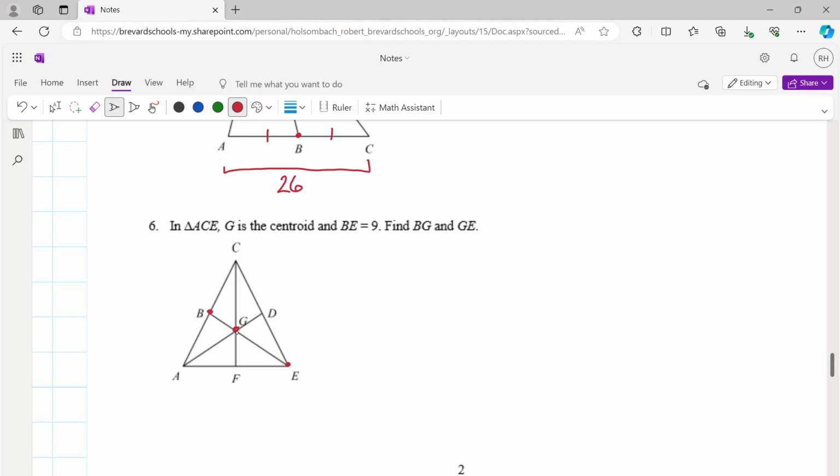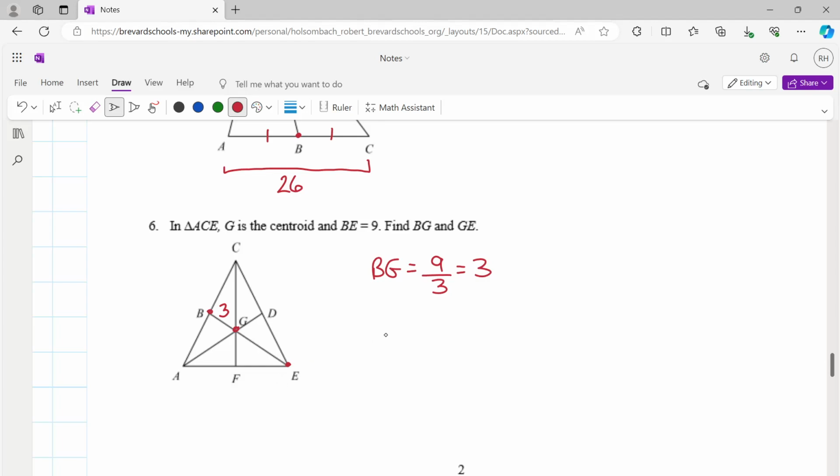If you know the entire median, we said that you could take the entire median divided by 3 and it gives you the short piece. So the short piece, which is BG, equals the entire median, which is 9, divided by 3. And what's 9 divided by 3? 3.